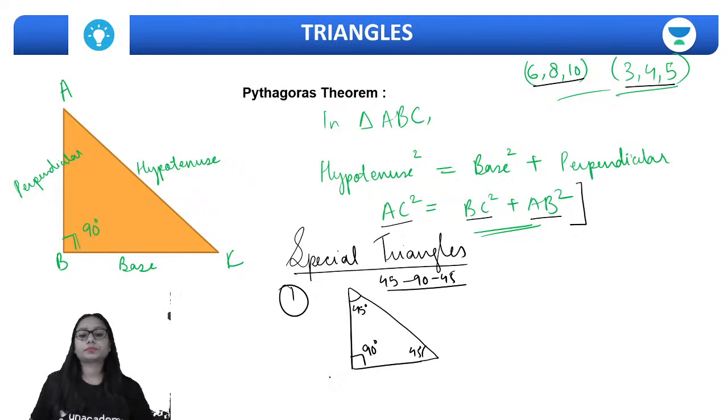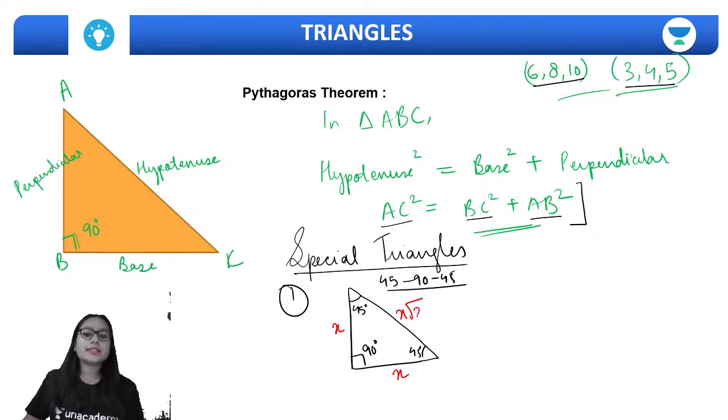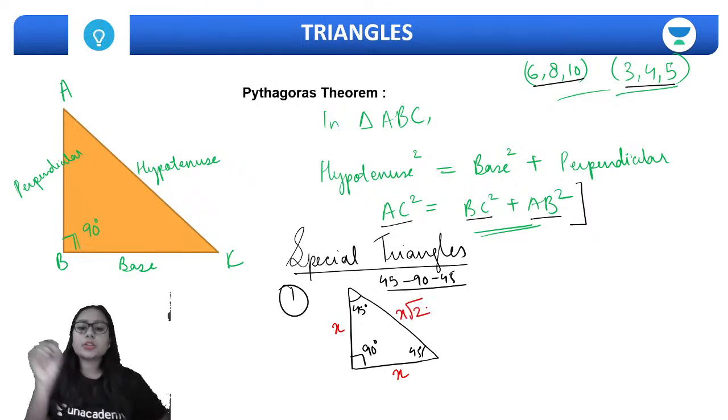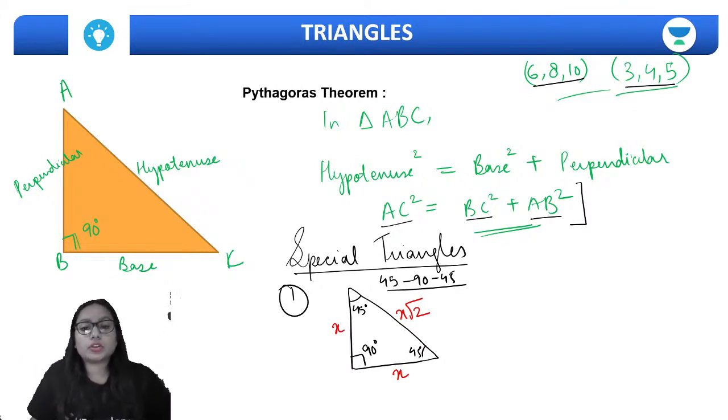In this triangle, if I take the side opposite the 45 degree angle as x, it means this side will also be equal to x. Now you can apply the Pythagoras theorem and get the value of the hypotenuse as x root 2. You can solve this easily by using the Pythagoras theorem or any application of trigonometry.